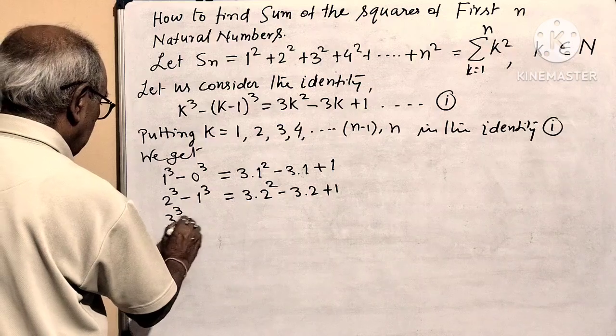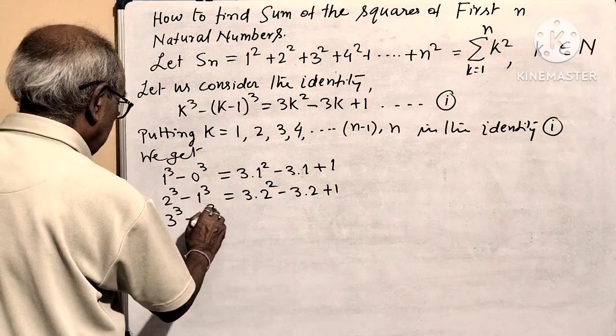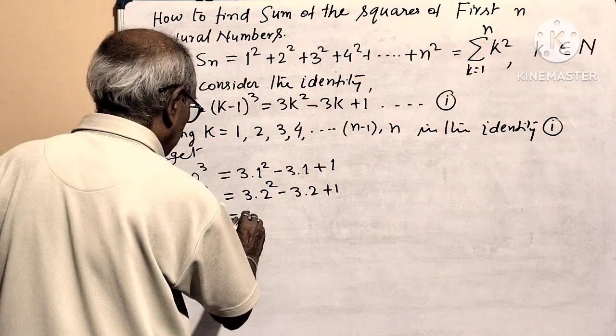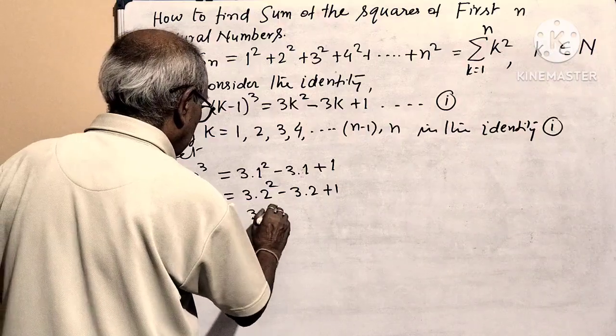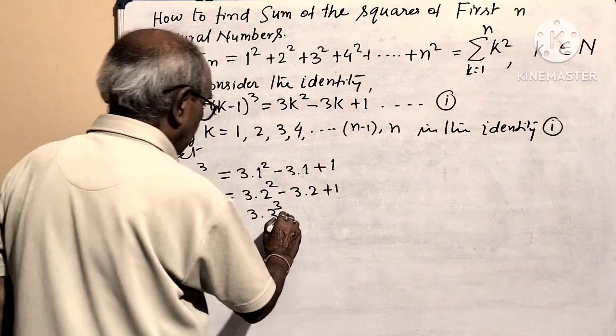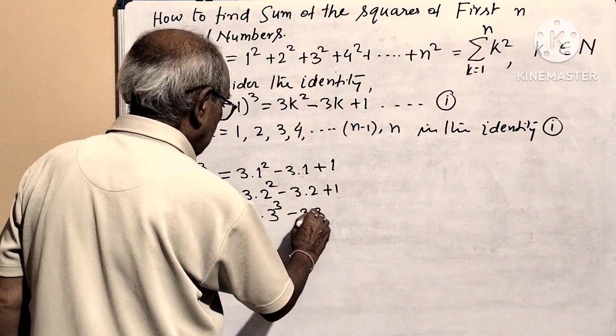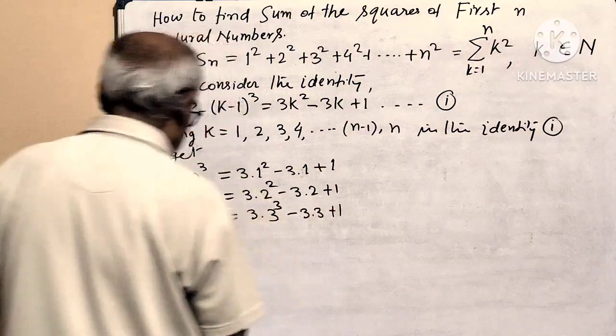Then 3 cube minus 2 cube equal to 3 into 3 square minus 3 into 3 plus 1.